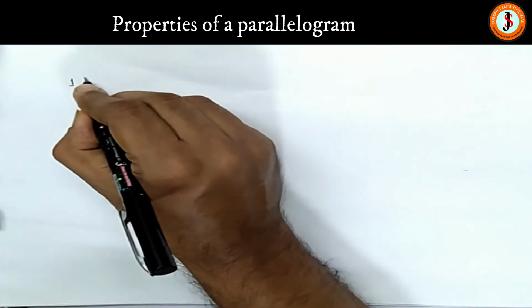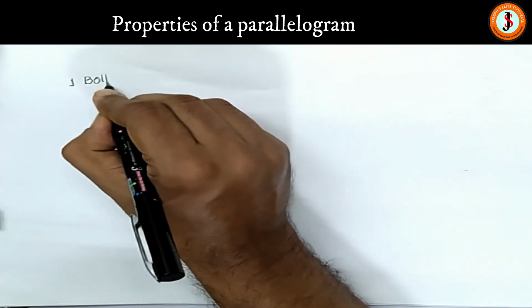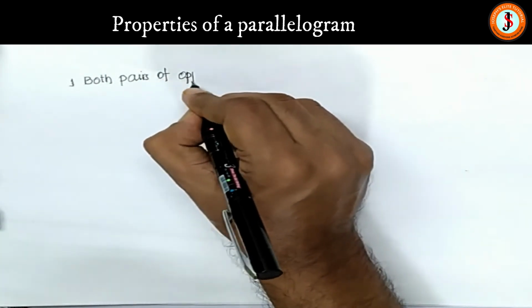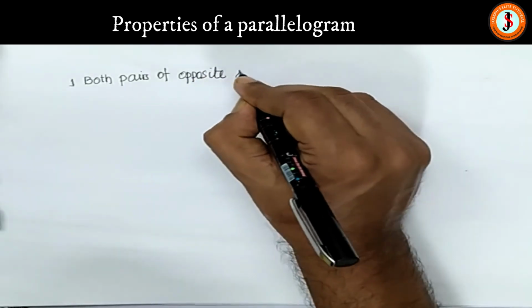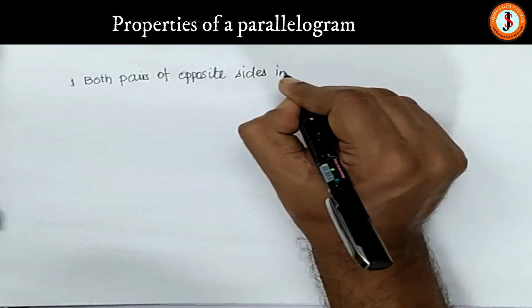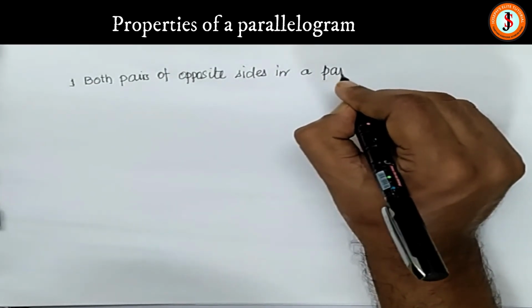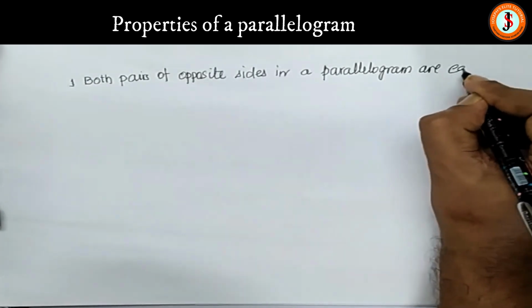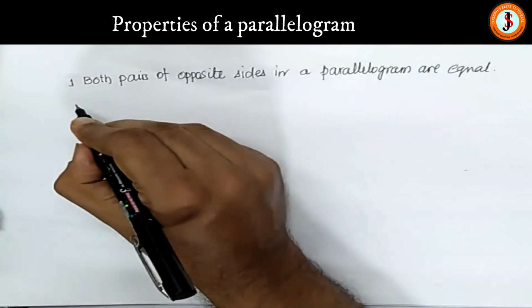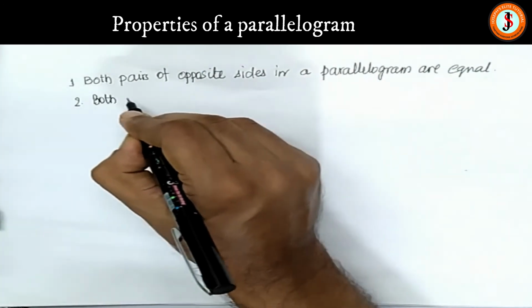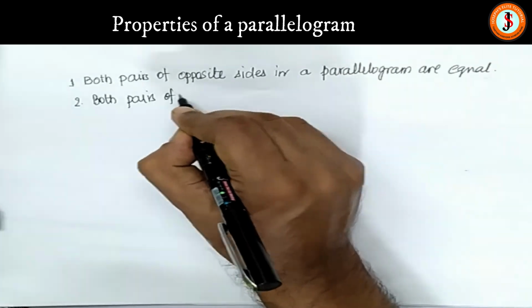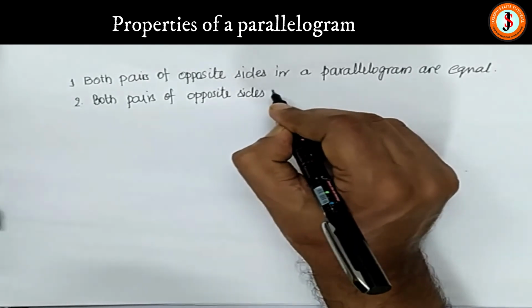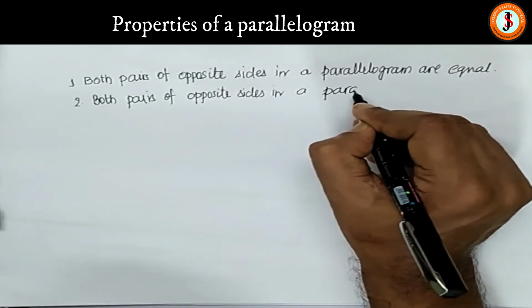Number 1, both pairs of opposite sides in a parallelogram are equal. Number 2, both pairs of opposite sides in a parallelogram are parallel.